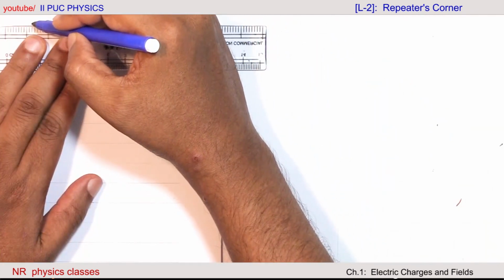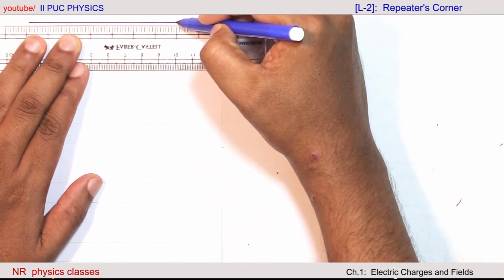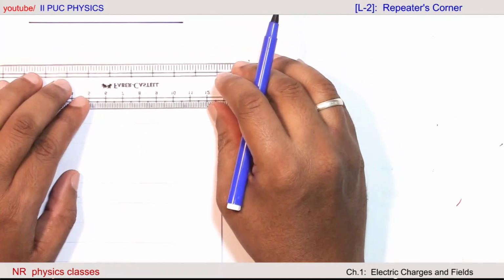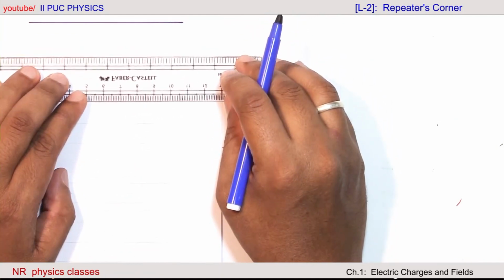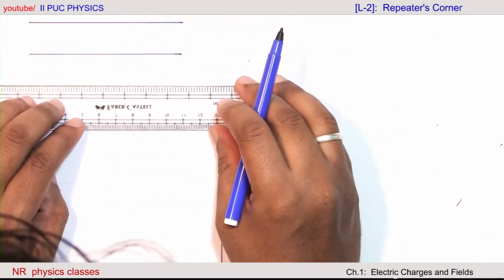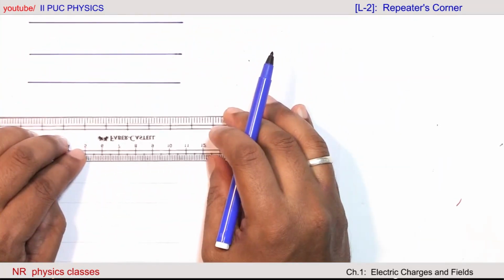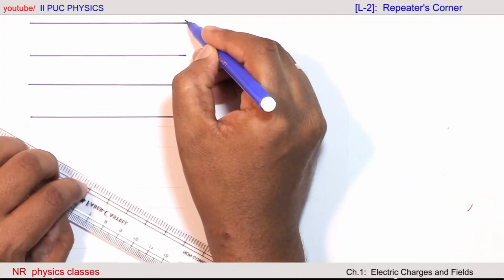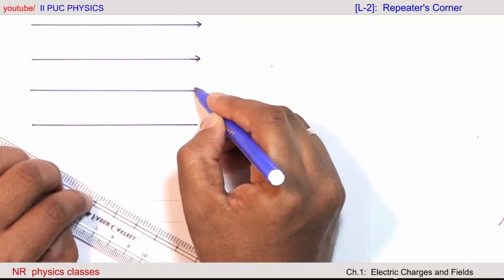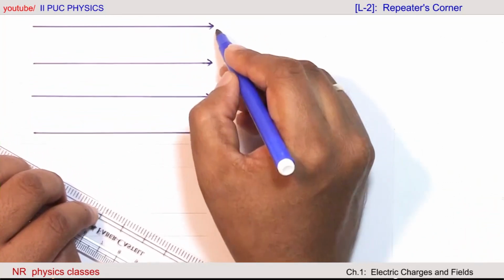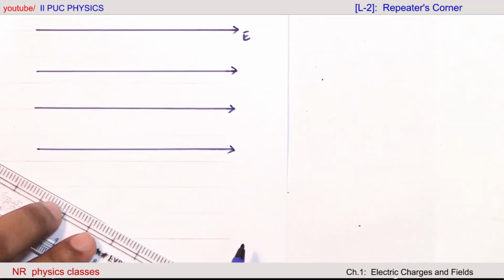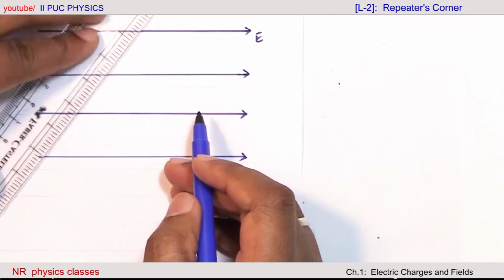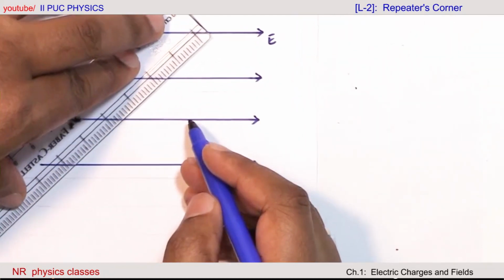Uniform electric field is represented by equidistant parallel lines. This represents uniform electric field E. Let this be a dipole.